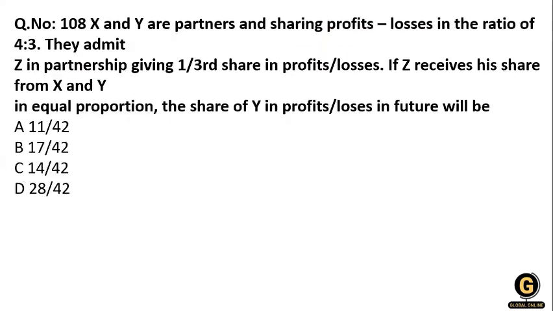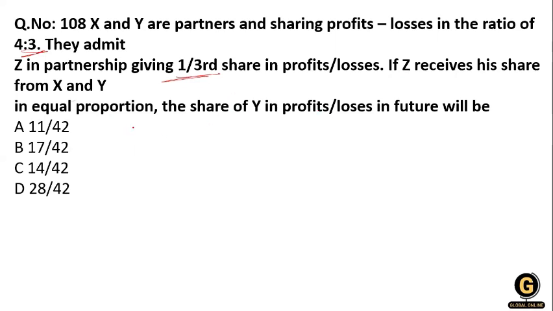Next question: X and Y are partners and share profit in the ratio of 4:3. They admitted Z as a partner, giving him 1/3 share in the profit and loss. If Z receives the share from X and Y equally, what will be the new profit sharing ratio? How do we calculate it?